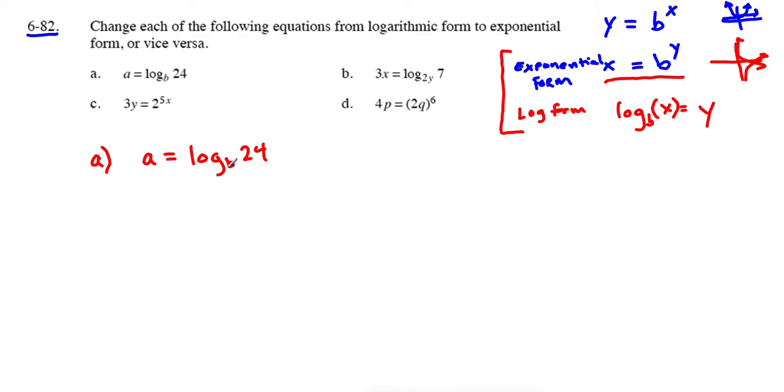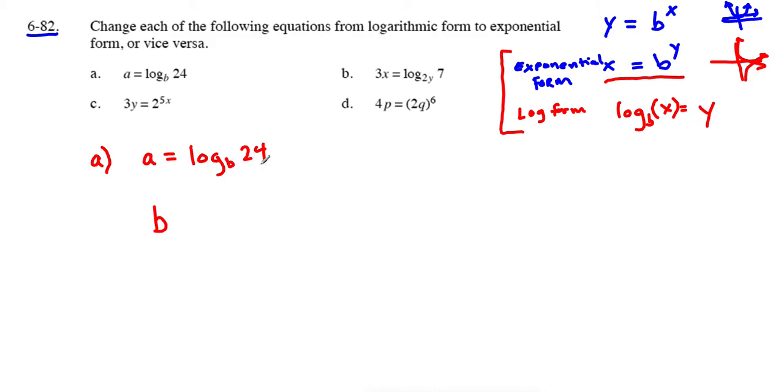So I'm going to take this here, and the first thing I'm going to identify is what my base is. If my base is here, I'm going to rewrite my base in my other form. My base here is B, so I'm going to be taking B and raising it to an exponent. Now, where does my exponent come from? Remember, the exponent is that value that is by itself when we're in log form.